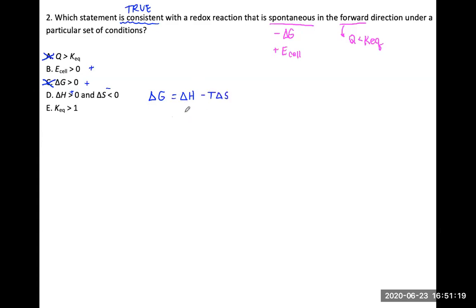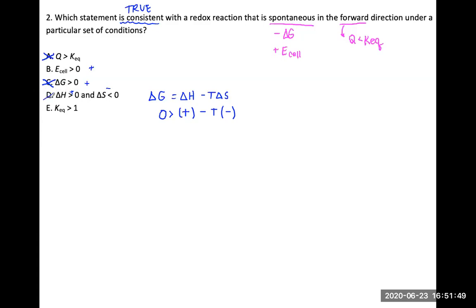So maybe you can remember that when delta H is positive, endothermic, unfavorable, and when delta S is negative, also unfavorable, this delta G is always going to end up being positive. Always going to be greater than 0 because we're just adding a number to a number, both positive.